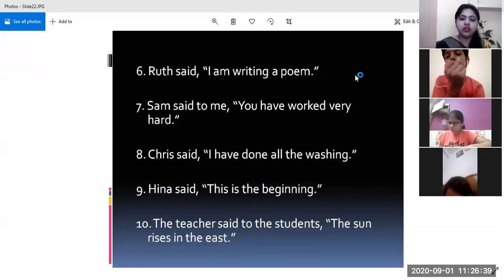I have not told you how to change the reporting verb. Otherwise, the answer will be: the teacher told the students that the sun rises in the east, or the teacher explained to the students that the sun rises in the east. This is the correct way of writing the sentence in indirect speech. Okay, good, Arpit.